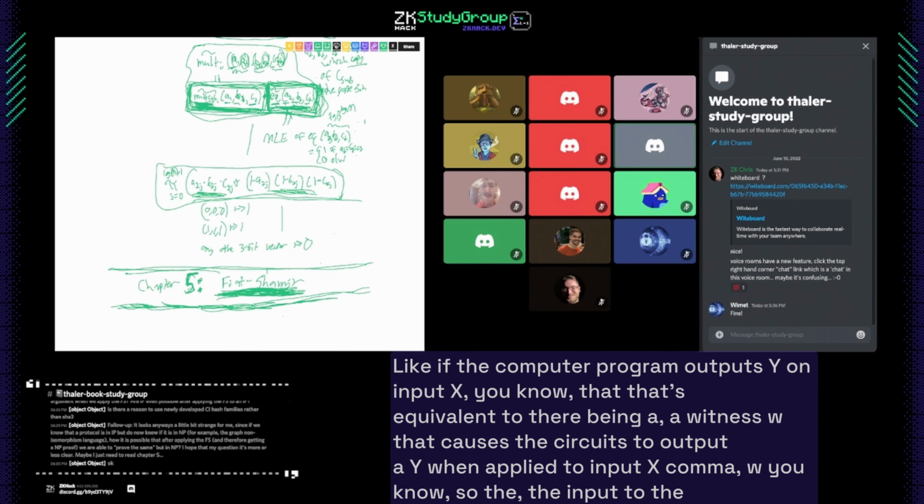If the computer program outputs Y on input X, that's equivalent to there being a witness W that causes the circuit to output Y when applied to input (X, W).